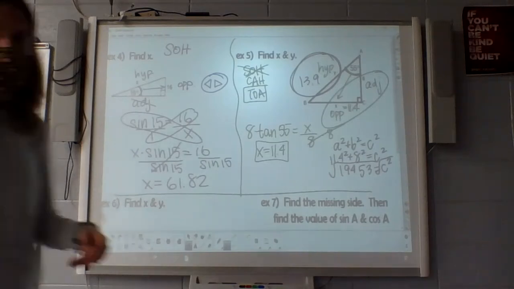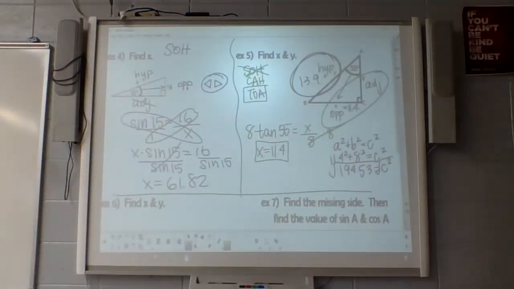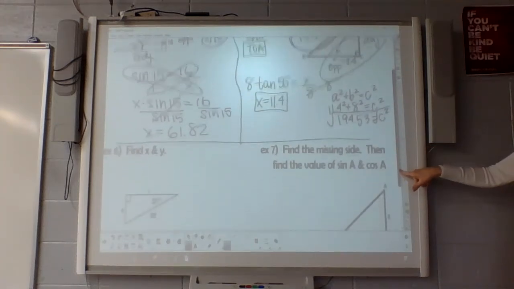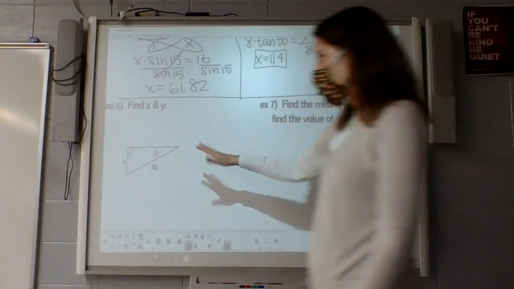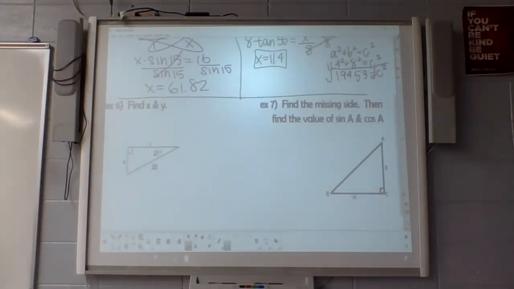All right, questions there? See if you guys can do that for example 6. So example 6 is really similar. See if you guys can figure out how to find x and y there.